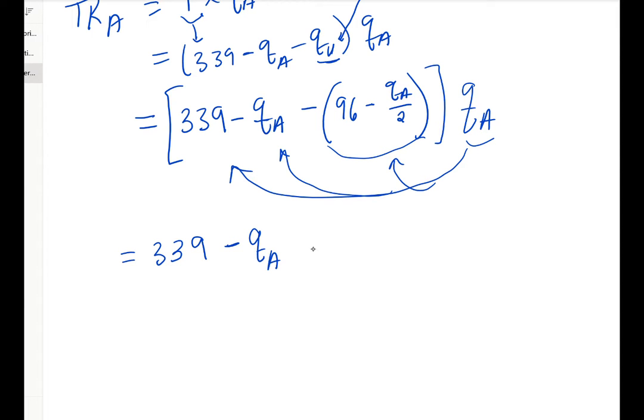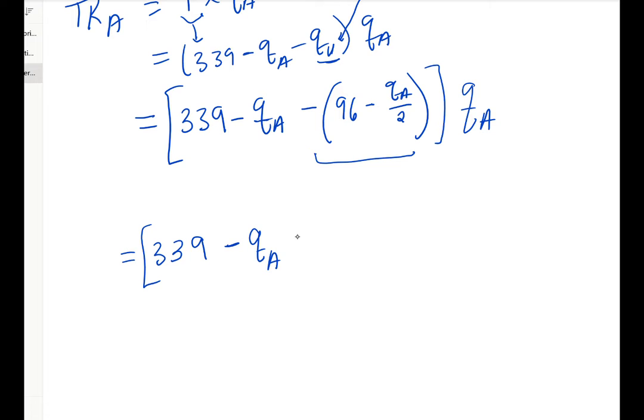I will open the parentheses first, and then apply the outside QA. So we have 339 minus QA minus 96. We're applying this negative sign to each term in the parentheses, so that becomes plus QA over 2. All of this times QA.